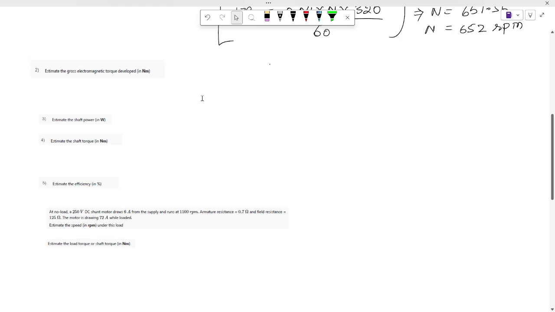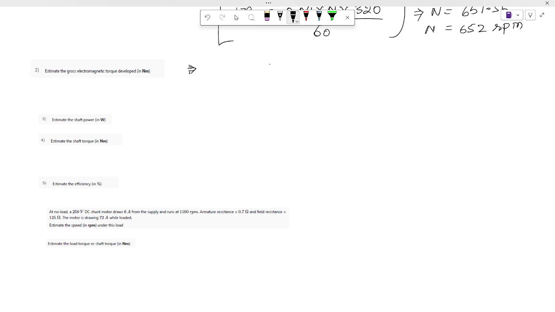Estimate the gross torque. That means the torque which is feeding the frictional power loss, the windage power loss and the shaft power, all of these together. So they are asking for the total torque produced.